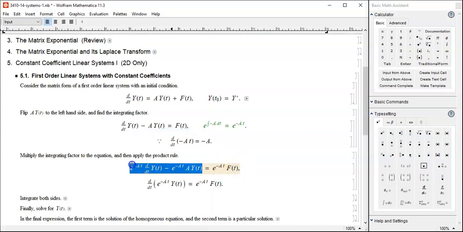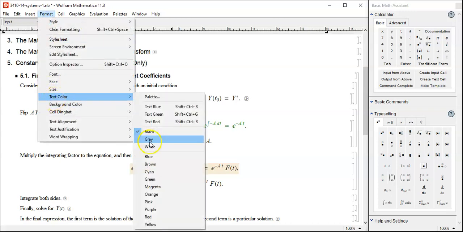Now, left-hand side can be written as a single derivative by product rule. The red part, if you take the derivative of this red, this is what we get, including the sign. Oops. This should be red.